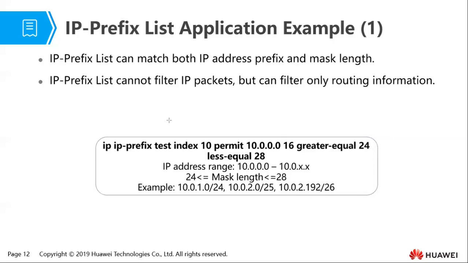Now, if no IP prefix is matched, the default matching mode of the last IP prefix is deny. So unlike ACLs, where if a match is not found, we permit and forward, here, if a match is not found in IP prefixes, then we deny. So I hope that is clear.